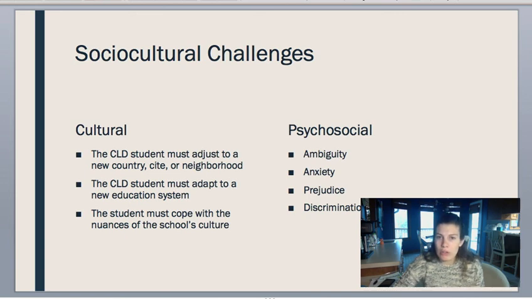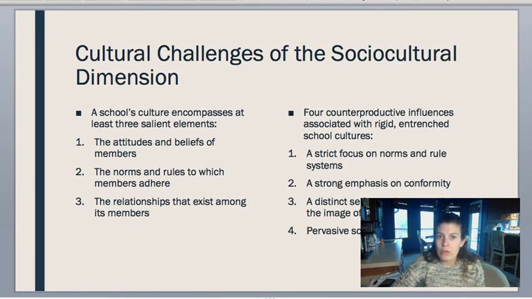Moving forward, regarding the cultural challenges of the sociocultural dimension, a school's culture encompasses at least 3 salient elements: the attitudes and beliefs of members, the norms and rules to which members adhere, and the relationships that exist among its members. With that being said, there are 4 counterproductive influences associated with rigid, entrenched school cultures.